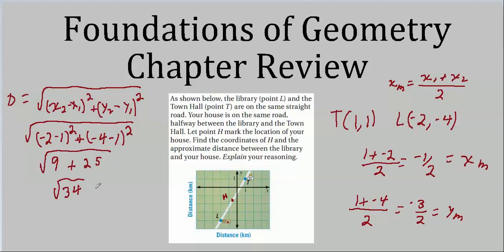And this, of course, is the total distance, LT. And we want half of that. We want HT, or HL. They have to be the same. Square root of 34 divided by 2.